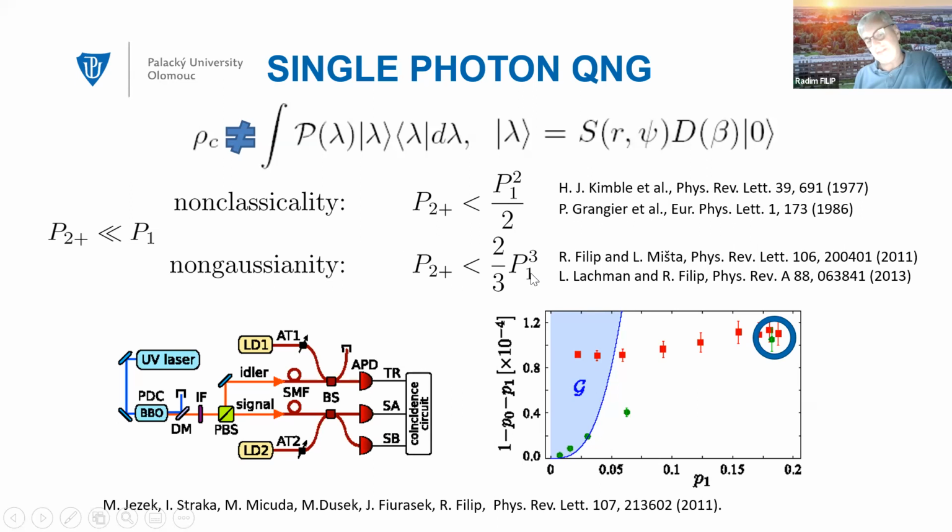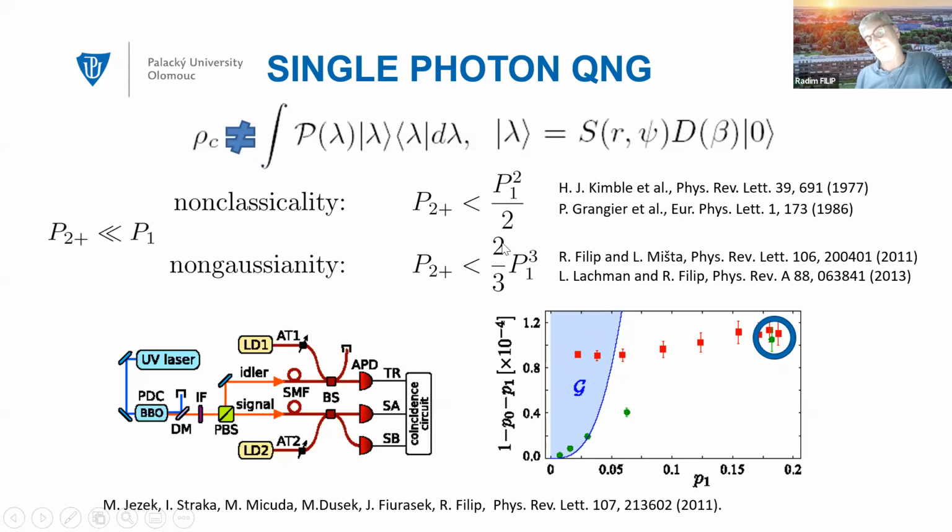You have some inequality, and if you fulfill that inequality, you know that the state has these quantum non-Gaussian features, meaning it is incompatible with a mixture of all possible Gaussian states. It's interesting to compare this criterion with the criterion above, which is the standard non-classicality criterion. You see that it looks very similar.